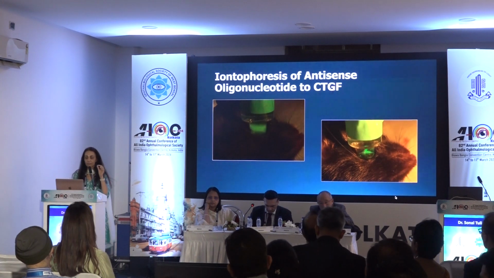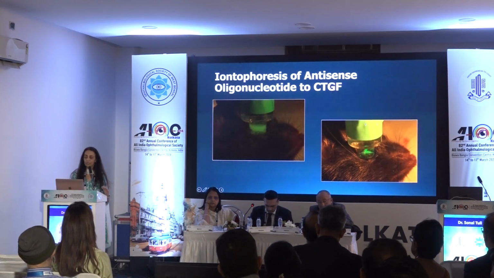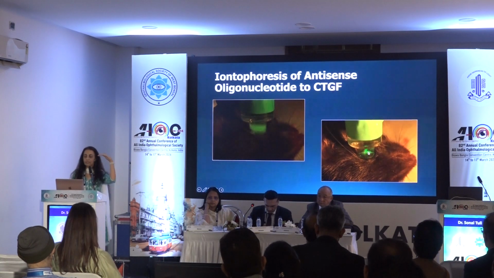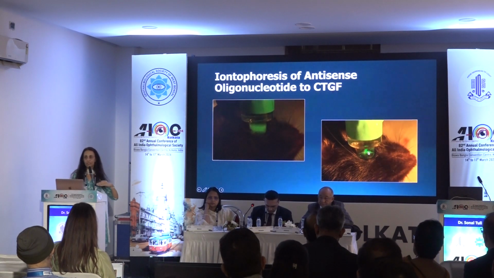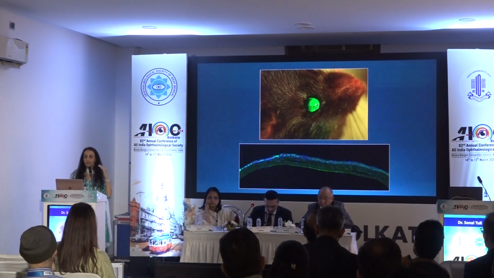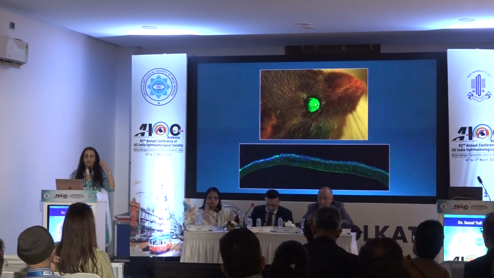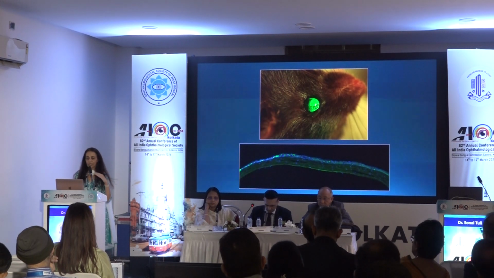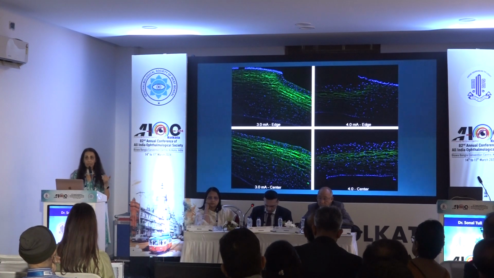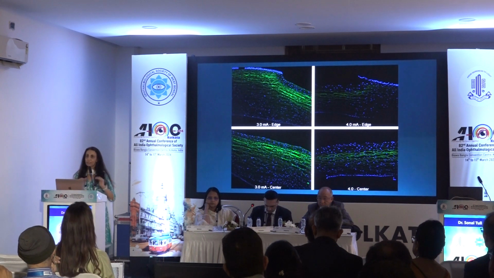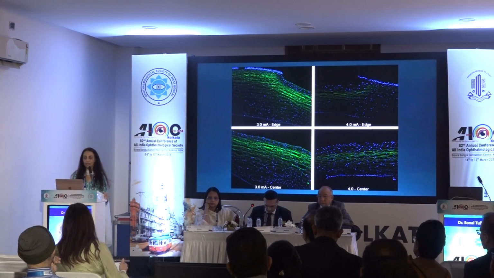And so here you can see in this mouse, we've delivered it, and you can see how the fluorescein-labeled oligonucleotide has gone deep into the cornea, and then you can see the entire cornea lights up because it's driven into the cornea and actually goes into the anterior chamber too. And you can see on histology how it gets into the various cells. And so this is a rabbit that has undergone a PTK, a phototherapeutic keratectomy.